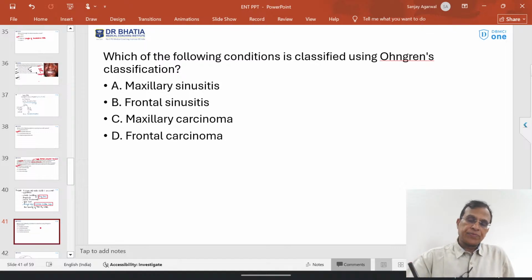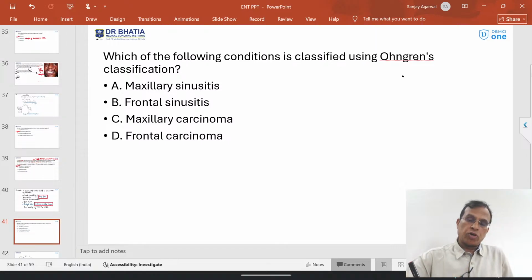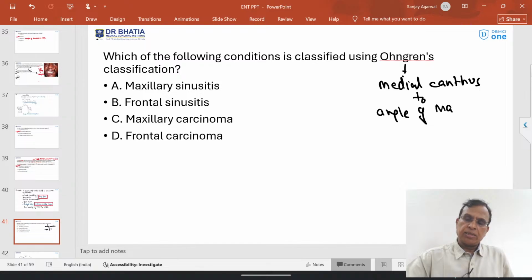Ongrain's line is a line that can be drawn from the medial canthus of the eye to the angle of mandible. This line is called Ongrain's line.